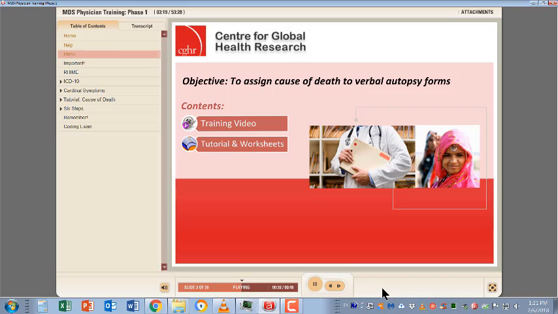This training package also includes the latest version of the MDS training manual and instructions on how to use the coding software you will be required to use to take the Phase 1 coding exam. If the exam is successfully completed, you become eligible for Phase 2 training.